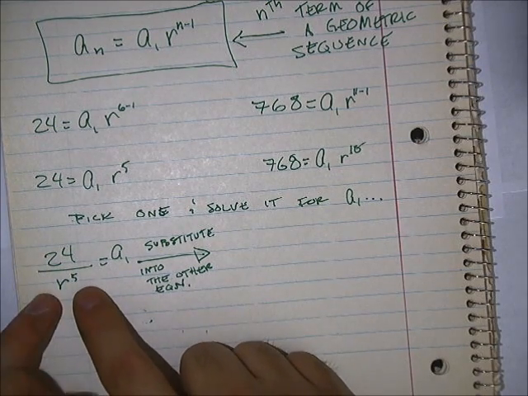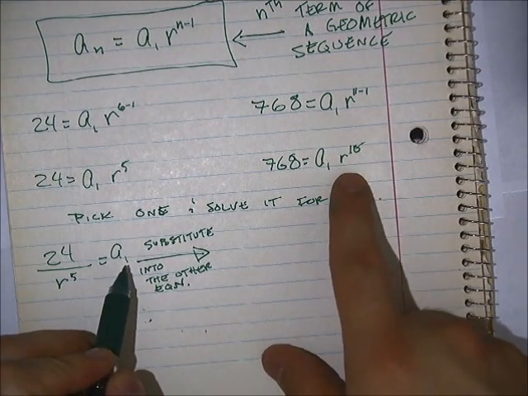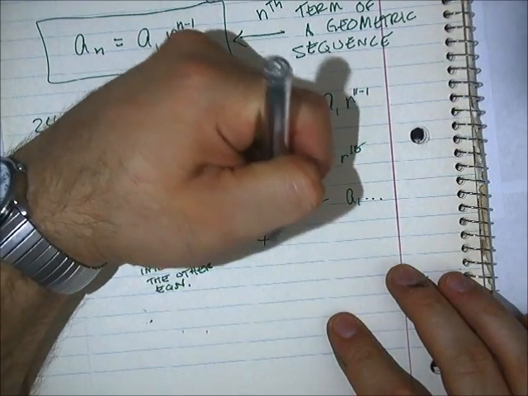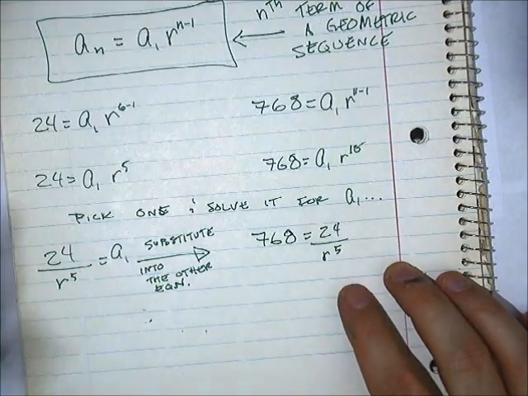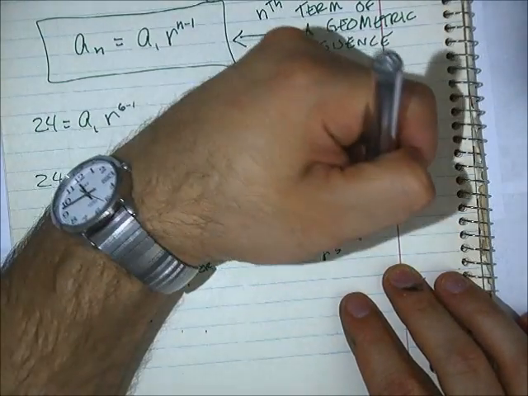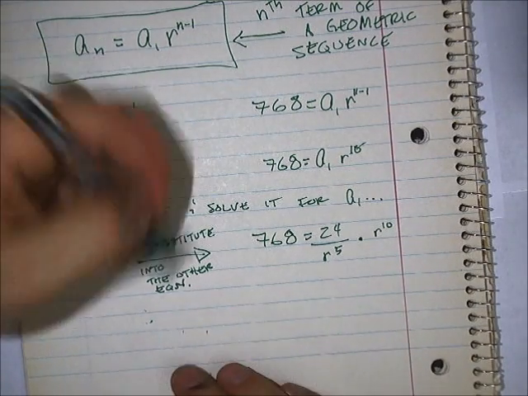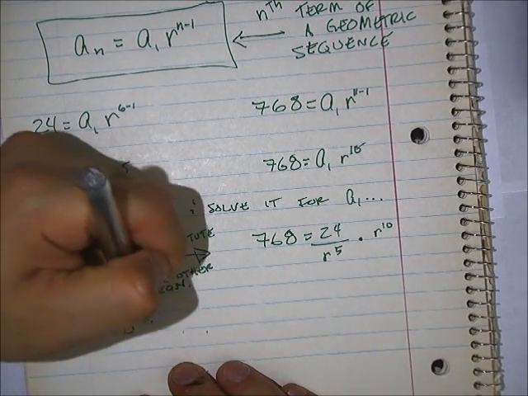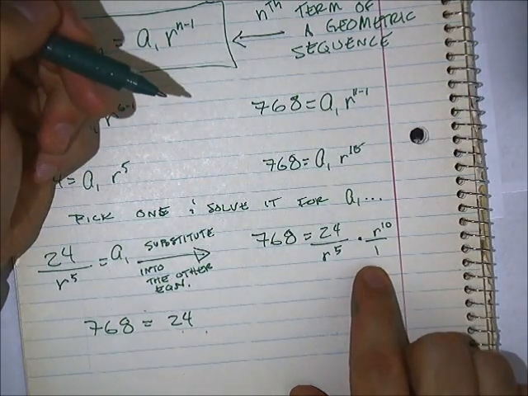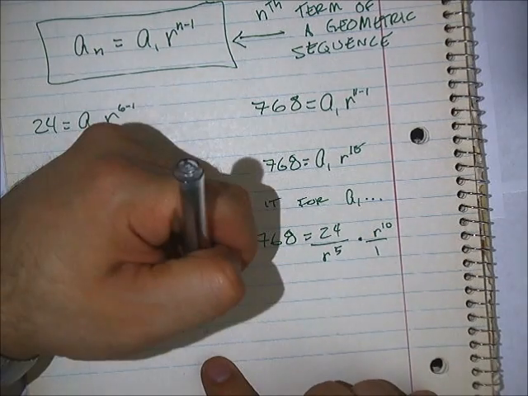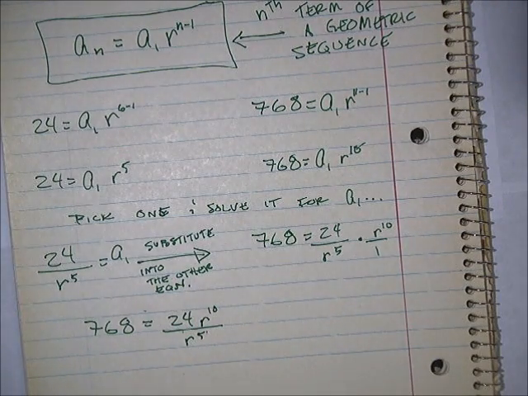Okay. 24 divided by r to the 5th is equal to a sub 1. So I'm going to take this a sub 1 and plug it into this equation. 768 is equal to 24 over r to the 5th times r to the 10th. Let's rewrite this down here. 768 equals 24 r to the 10th, divided by r to the 5th.